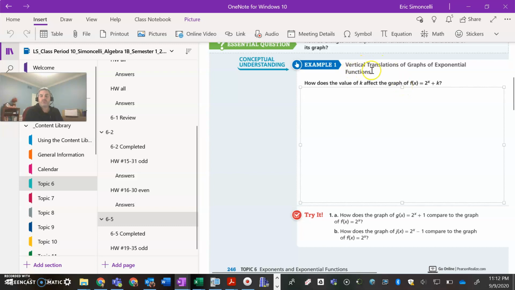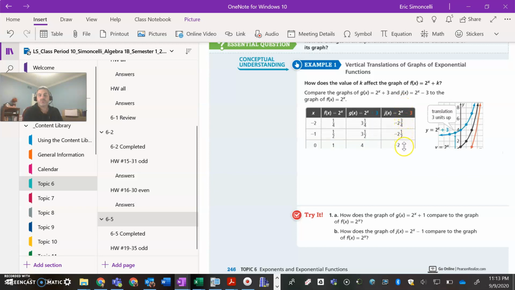We're talking about a vertical translation, particularly in the graph. So we're going to compare the graphs of g of x, which is 2 to the x plus 3, to this j of x function, 2 to the x minus 3, with respect to what we call the parent function of f of x equals 2 to the x.